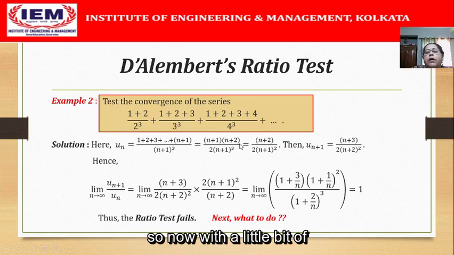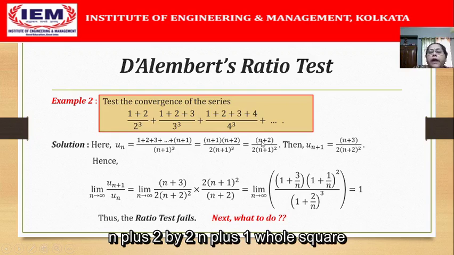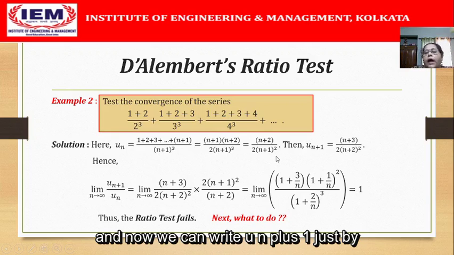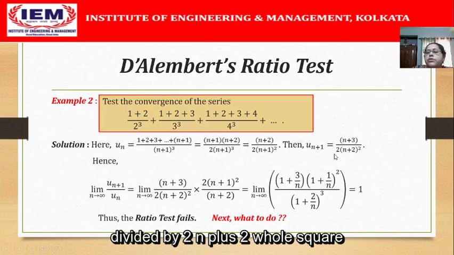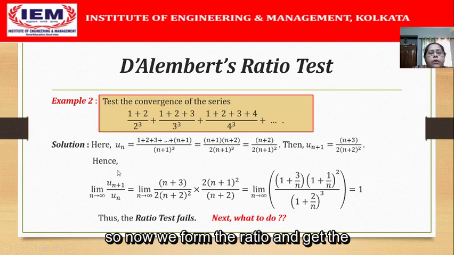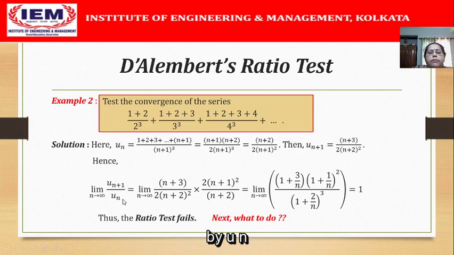So now with a little bit of simplification, we get this is equal to n plus 2 by 2 n plus 1 whole square. And now we can write un plus 1 just by replacing n by n plus 1. So this becomes n plus 3 divided by 2 n plus 2 whole square. So now we form the ratio and get the limit. So limit n tends to infinity un plus 1 by un.